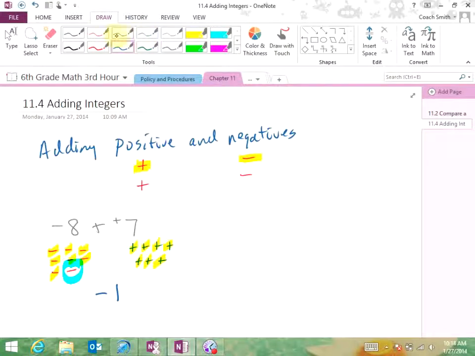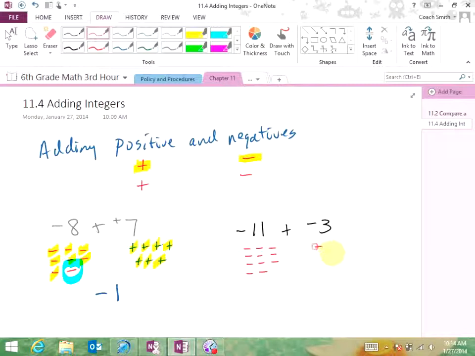Now, if I have this type of problem, let's say I had -11 plus -3. Okay? -11 plus -3. Well, over here then I have 1, 2, 3, 4, 5, 6, 7, 8, 9, 10, 11 negative signs.